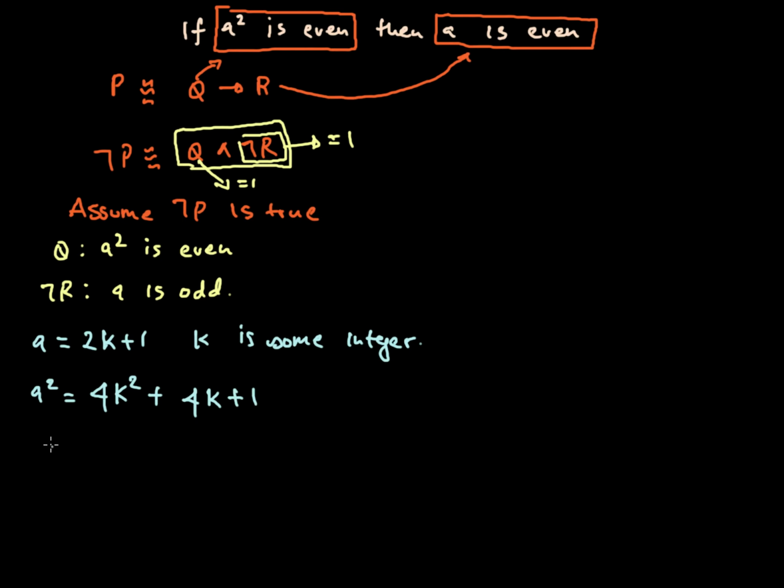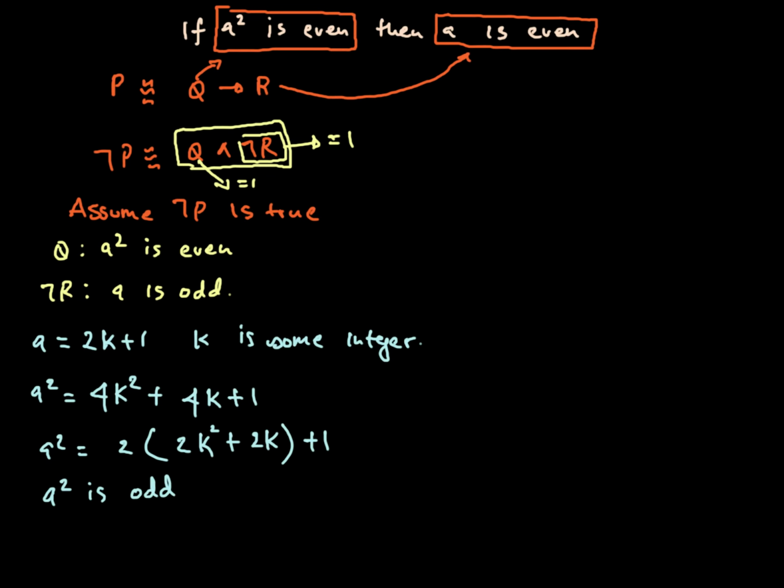And if I rewrite this by taking 2 out as common, that gives you 2 times (2k square plus 2k) plus 1.